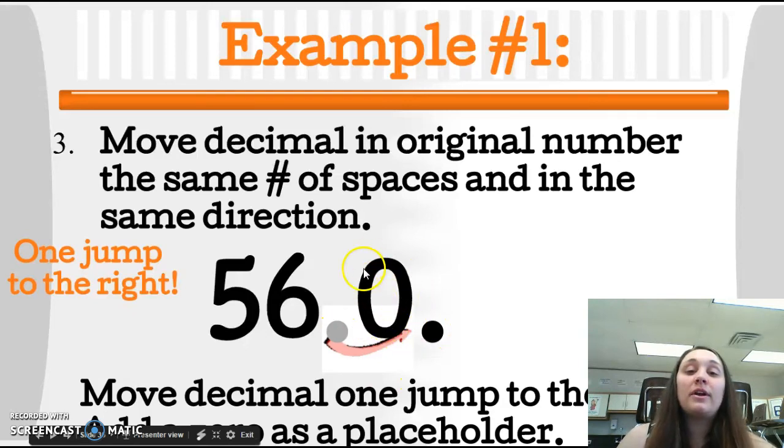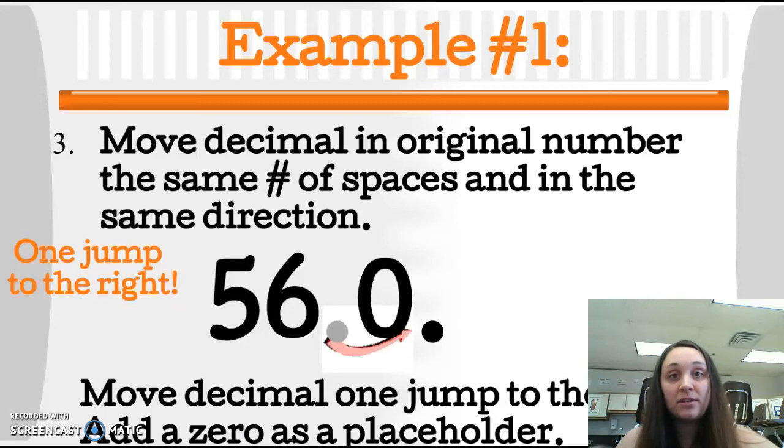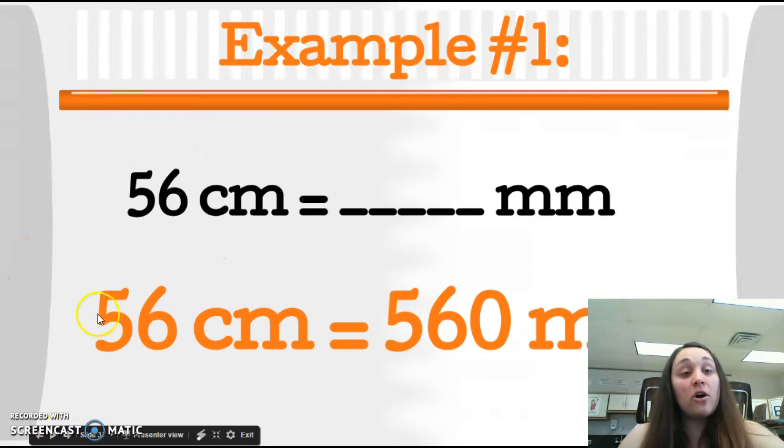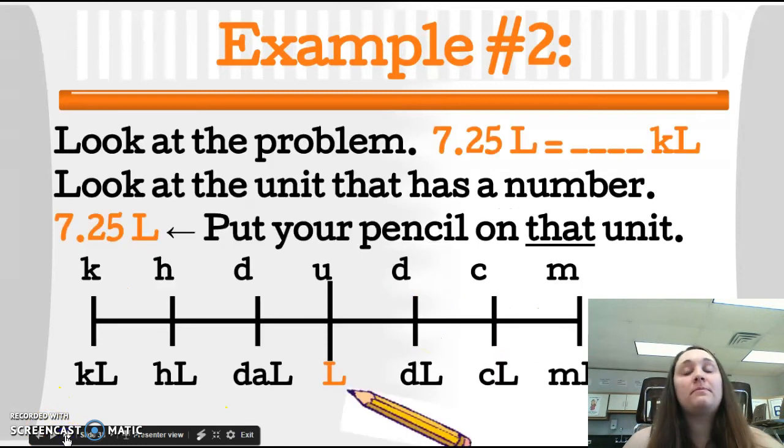And you need a 0 there to make a placeholder. So if you go into an area where you don't have any numbers with the decimal, you just add zeros to fill the place. So 56 centimeters is 560 millimeters. All right. We're going to try one more.